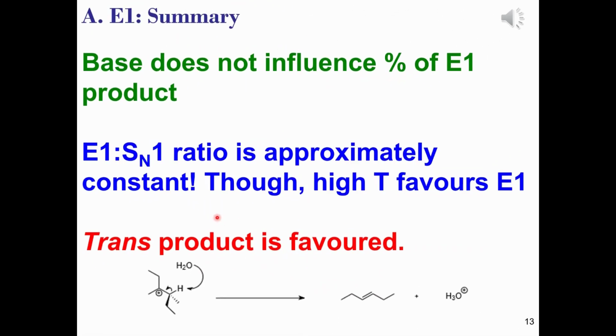In summary, the rate of an E1 reaction depends only on the substrate, since the rate limiting step is also the formation of that carbocation. Hence, the more stable that carbocation is, the faster the reaction will be. Elimination reactions have greater free energies of activation than substitution reactions because more bonding changes occur during the elimination process.